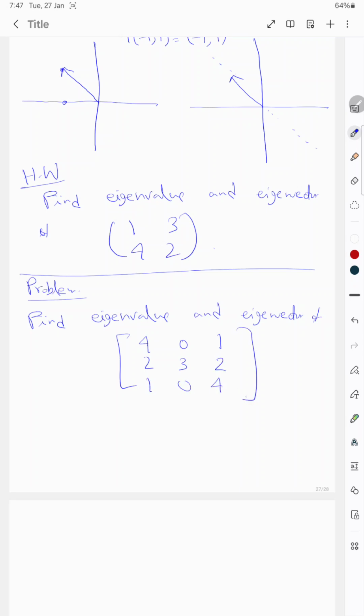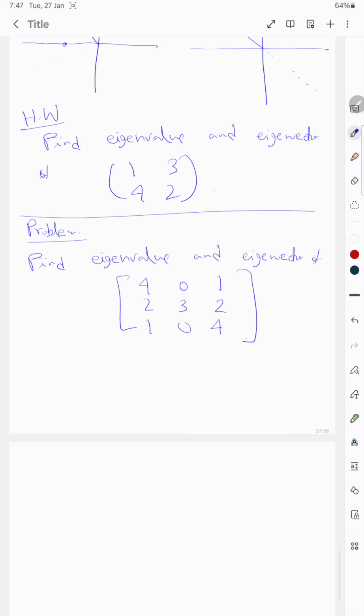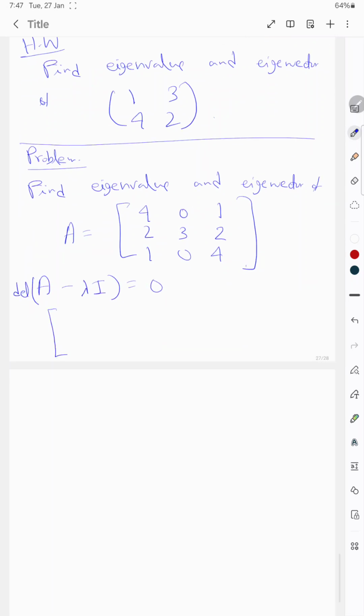In this matrix you have to find the eigenvalue. So how to find? Suppose this is your A, so you have to take determinant of A minus lambda I equal to 0. Basically you have to find the corresponding thing, right? 4 minus lambda, 0, 1; 2, 3 minus lambda, 2; 1, 0, 4 minus lambda.